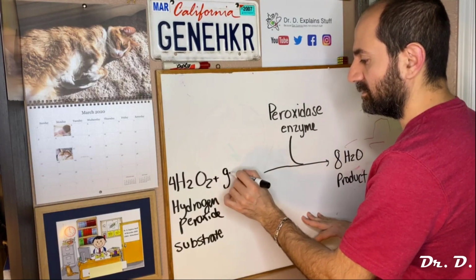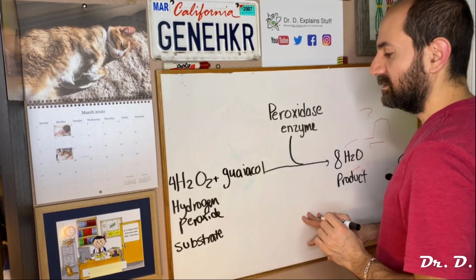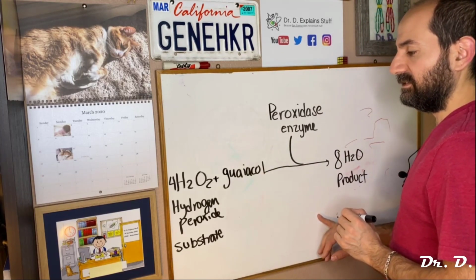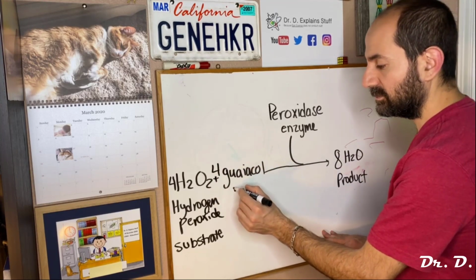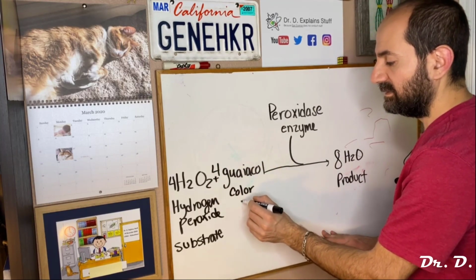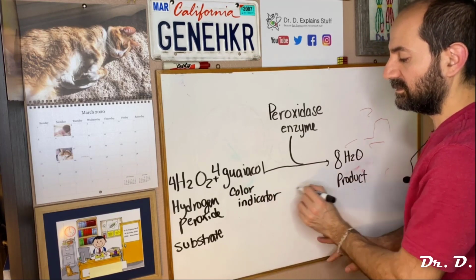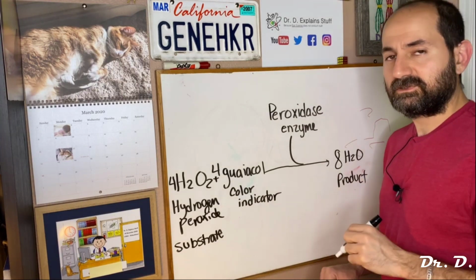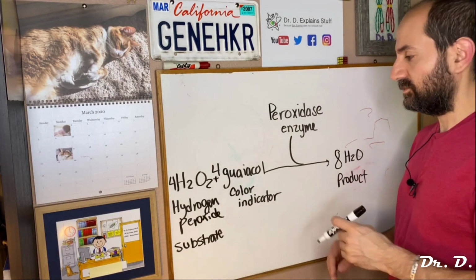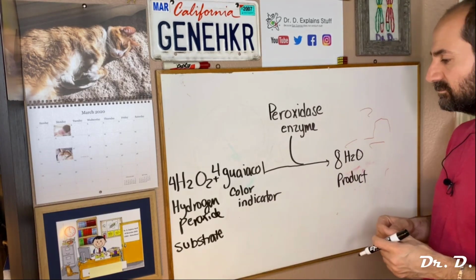It's called guaiacol. Guaiacol is a color indicator. A color indicator means something that changes color to show a reaction or during the reaction.